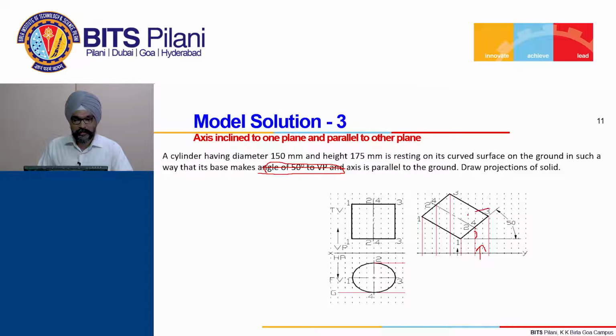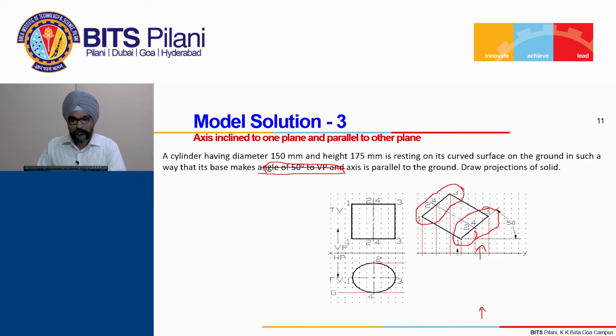That means this base will be the visible base in the front view, this base will be the hidden base in the front view. Because initially without tilt it was a circle, when this circle has been given an inclination, in the front view it will appear as an ellipse.